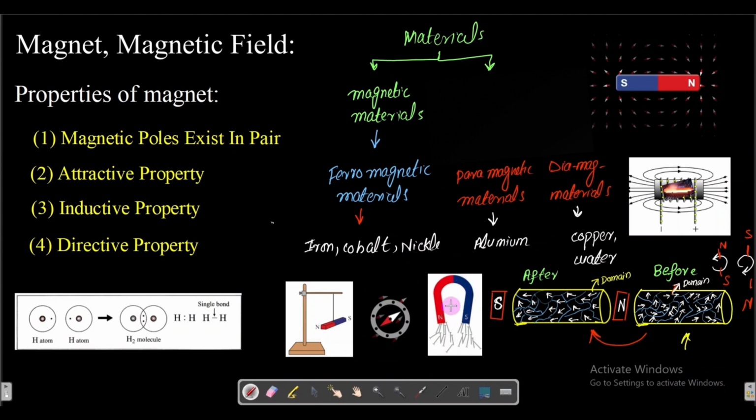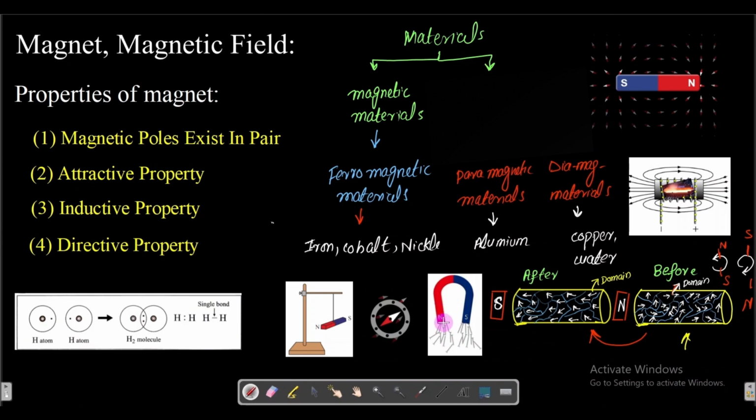So here, if we consider the horseshoe magnet, there is a difference between the permanent magnet and the horseshoe magnet. This shape of the magnet is called the horseshoe magnet. So let's take the horseshoe magnet, and if we bring it near the nail, it will attract the nail.